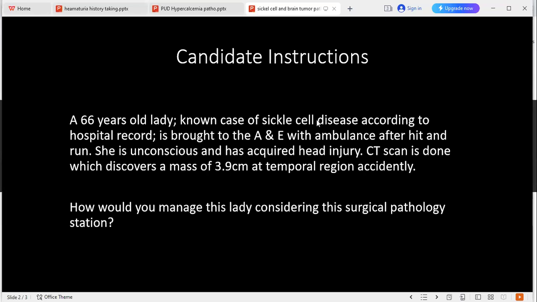Good. Can you please tell me the pathological manifestations of these brain tumors? Yes, brain tumors can manifest in various symptoms depending on their location, but the general symptoms could be headache, visual disturbances, nausea, vomiting, and seizures. Focal neurological deficits can be there according to the location of the tumors.